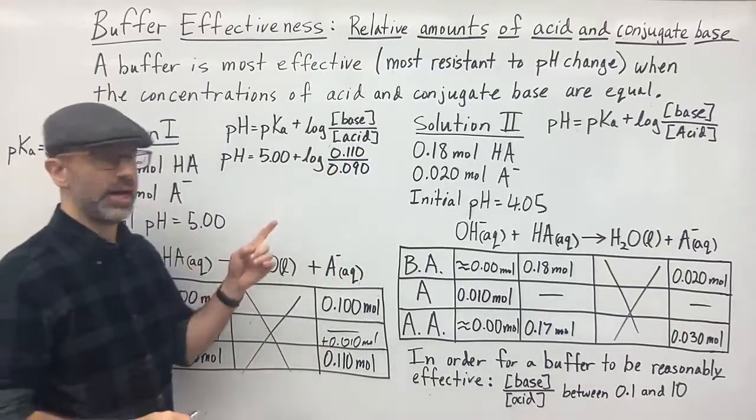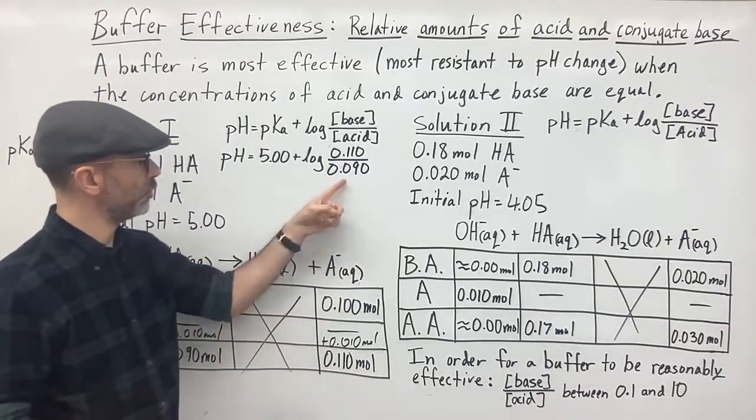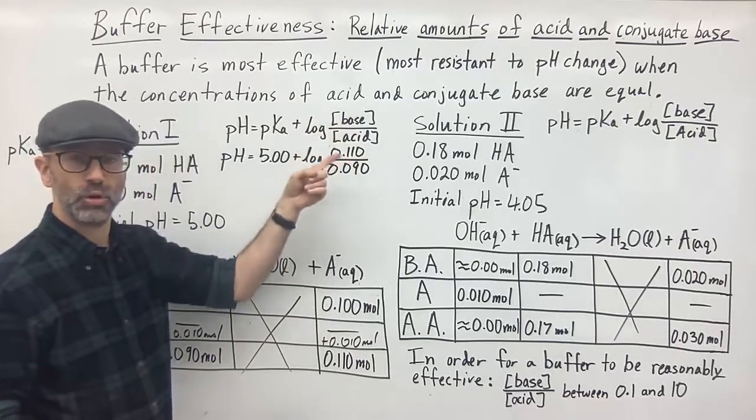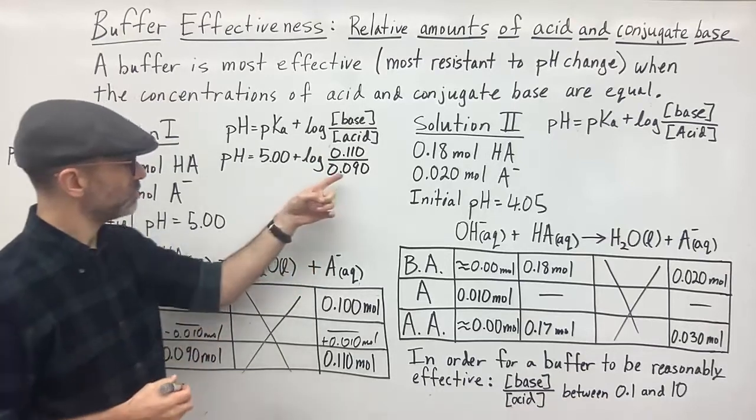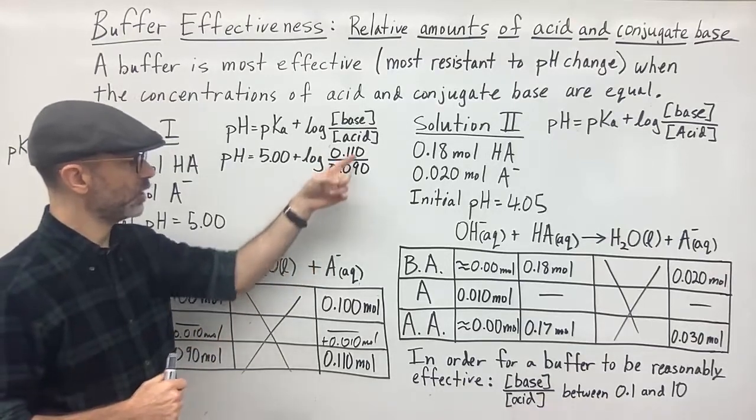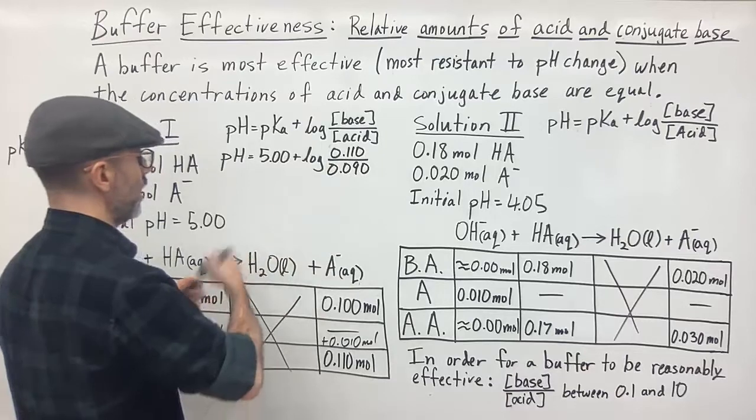You'll notice that I'm putting in the moles, not concentrations, not molar. I can do that because the volumes are going to cancel out. So if I have moles, right?